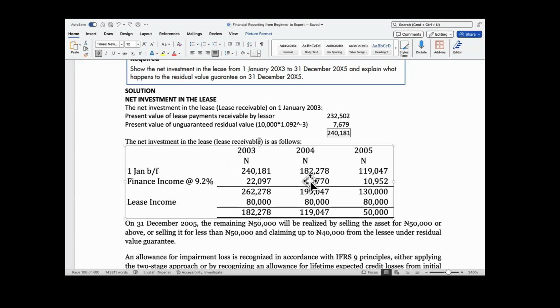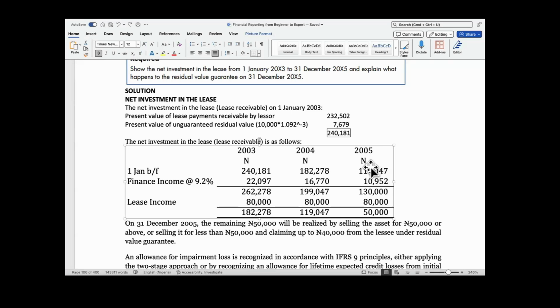Again, you apply 9.2% on this 182,278. It gives you 16,770. You add the two together, it gives you 199,047. You again remove your rent of 80,000. It brings it down to 119,047.